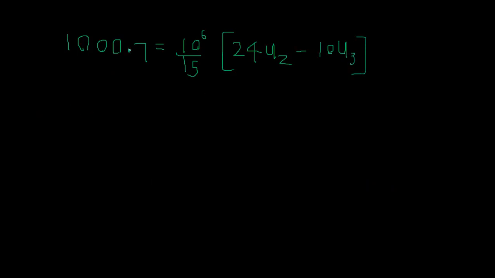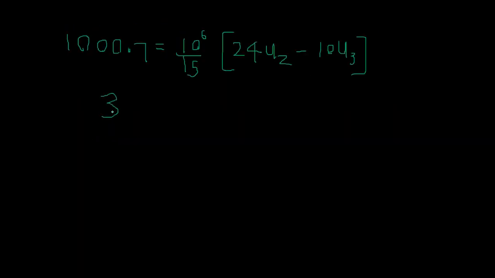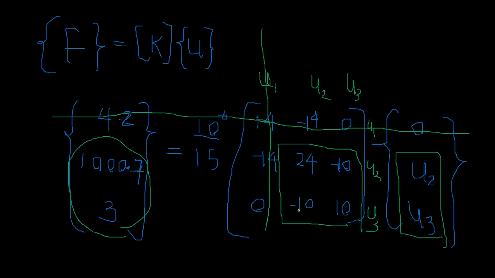The other equation gives you 3 equals to 10 U3 minus 10 U2 plus 10 U3.